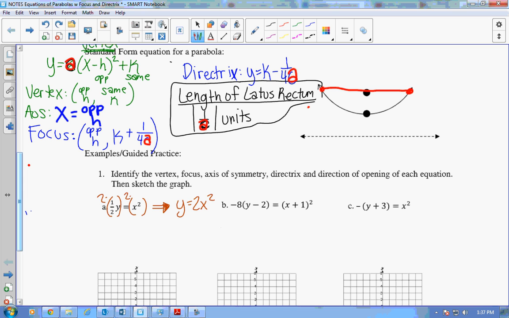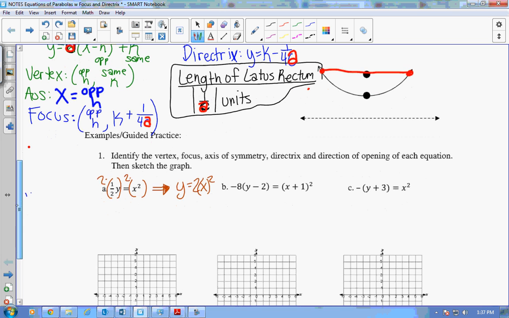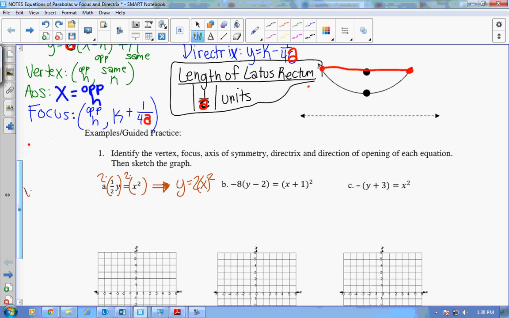That should be a clue that it's 0, because there's no number being added. I can even stick parentheses right there. There's no number being added or subtracted to x before the square, so it's 0. What number is after the square? 0. So our vertex is 0, 0.